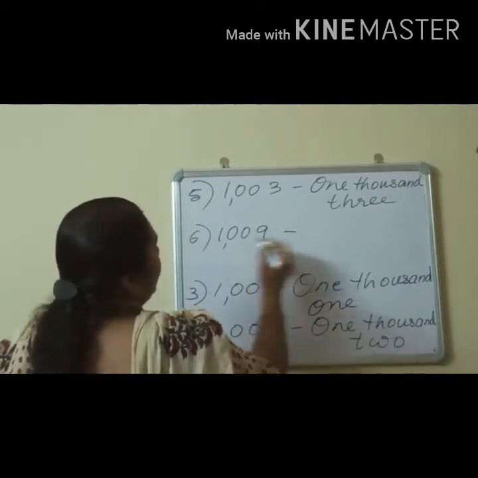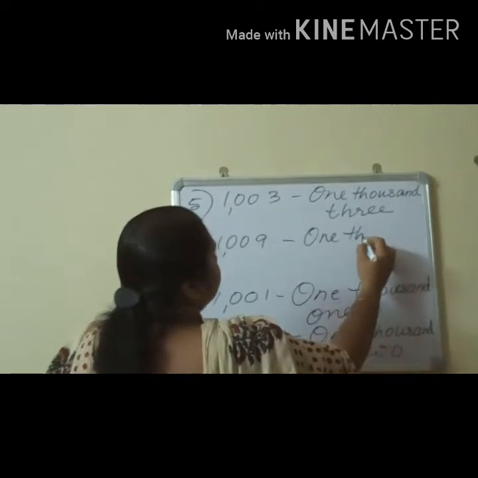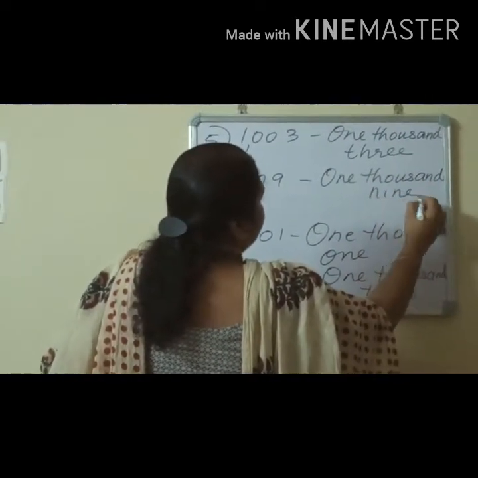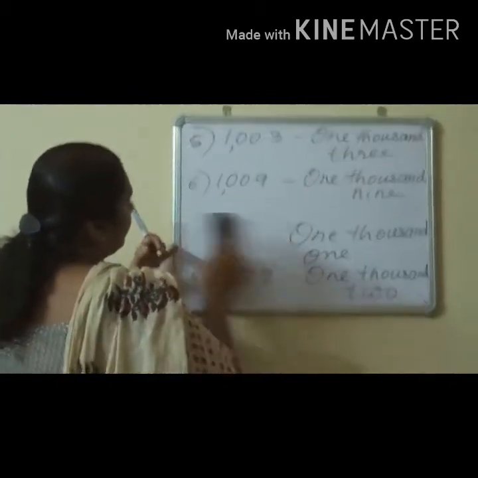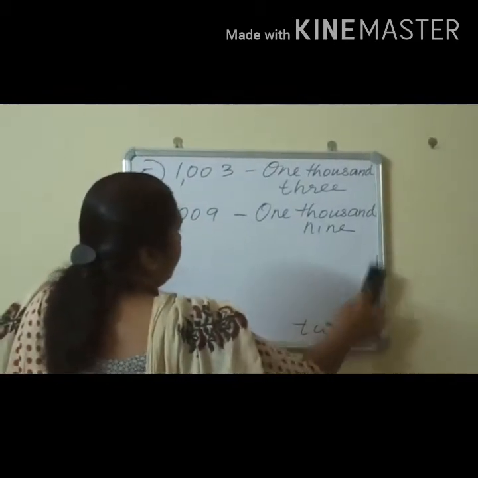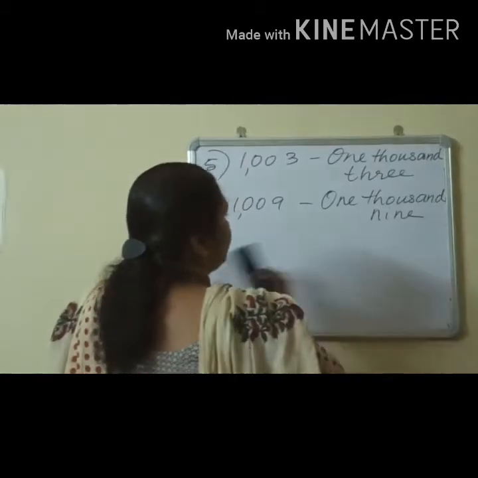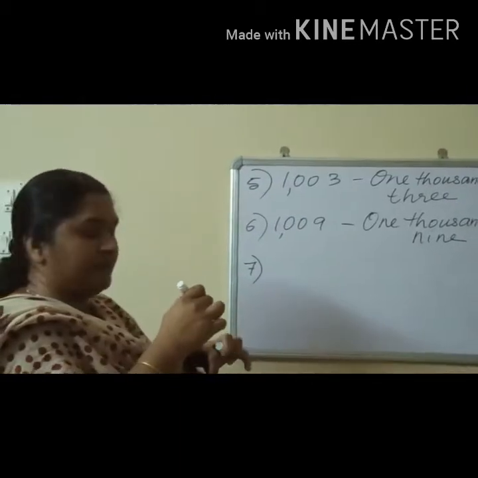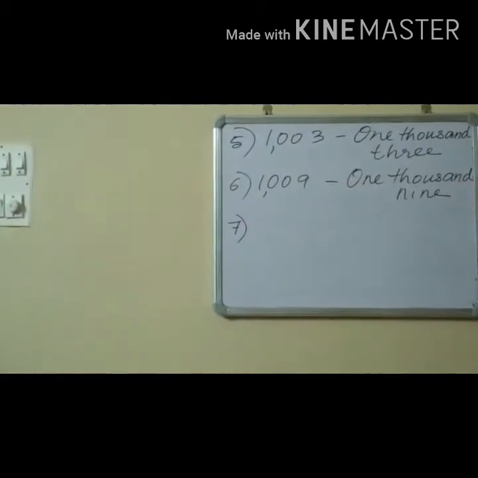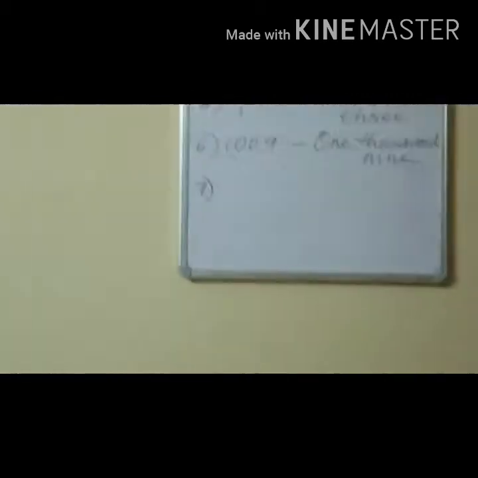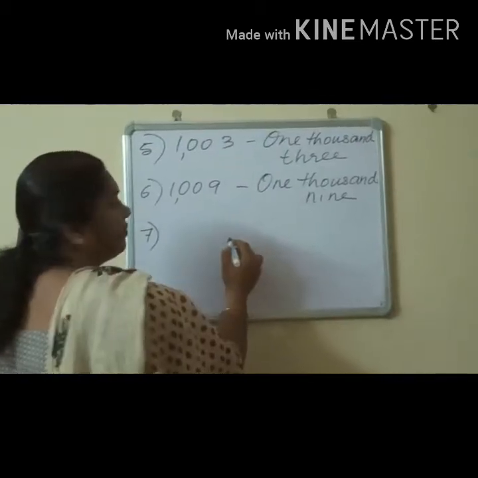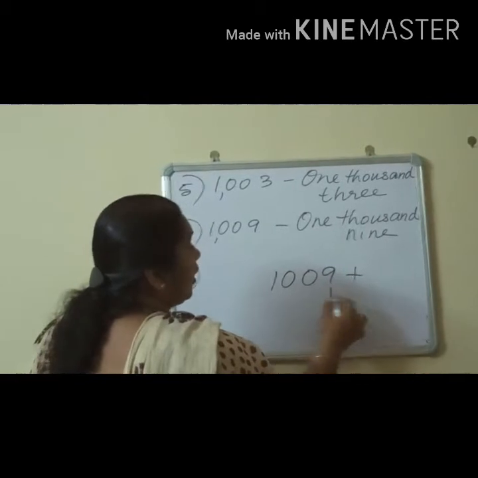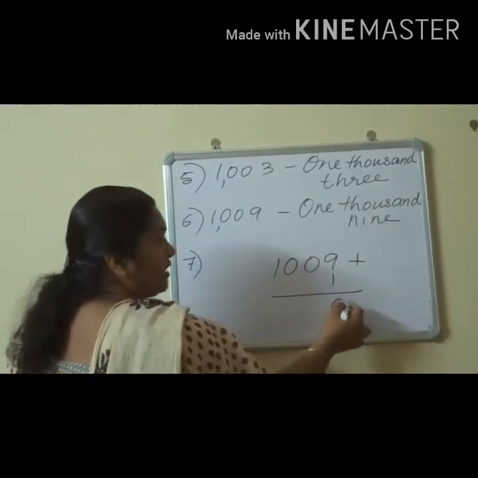1009 is in this way. Plus 1. 9 plus 1, 10.